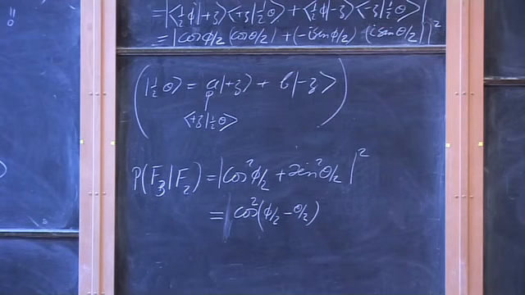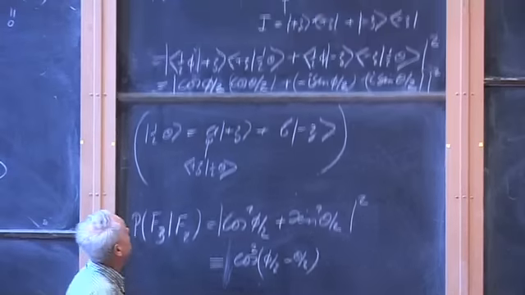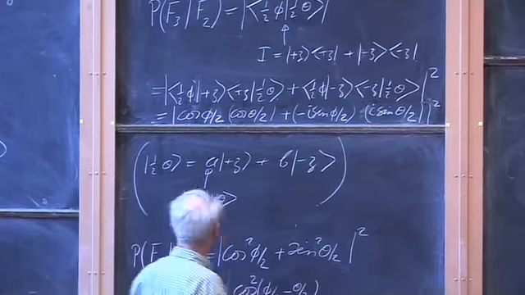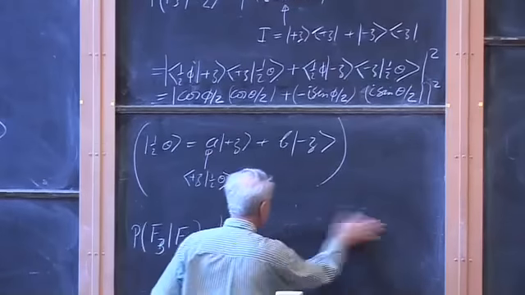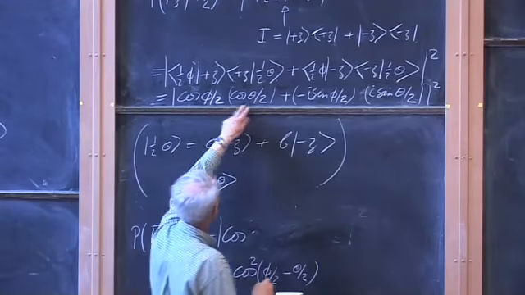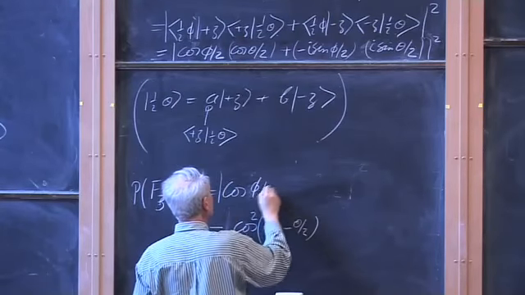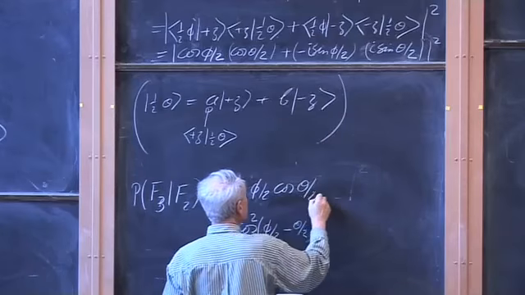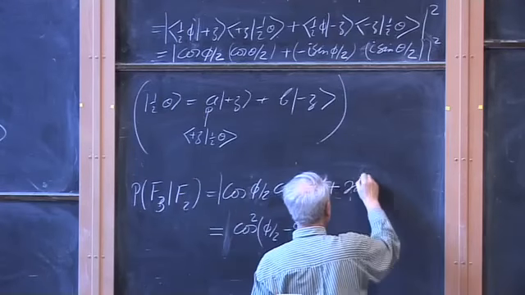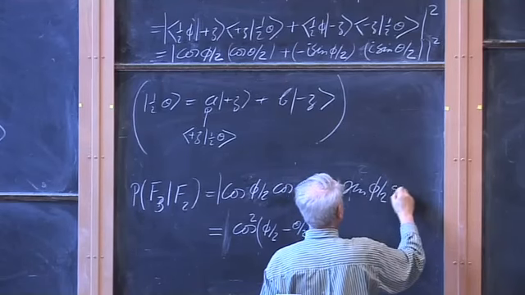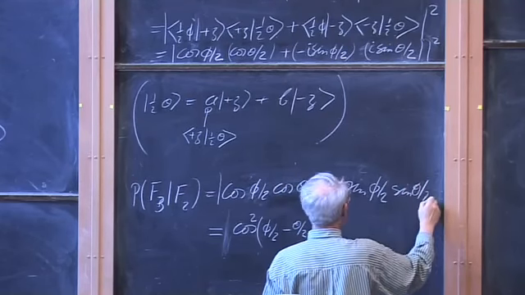Professor, how exactly did cos phi over 2 cos theta over 2 become cos squared phi over 2? Oh, gosh, yeah, sorry. You're completely right. Right. So let's go back to this line here. This was cos phi over 2 cos theta over 2 plus sine phi over 2 sine theta over 2.